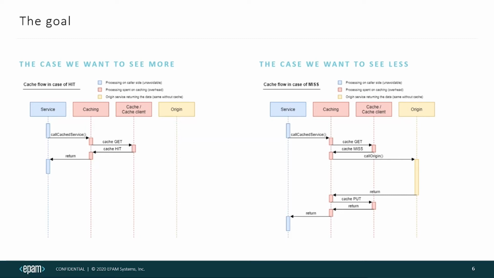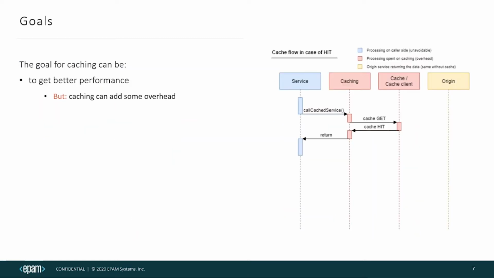So by the half of the time, I would say, we are already done because the cache had the value. While on the other hand, when we are dealing with an origin call, we are doing all of the overhead, and we are returning. So it can have a huge impact on your performance. But performance is not all.